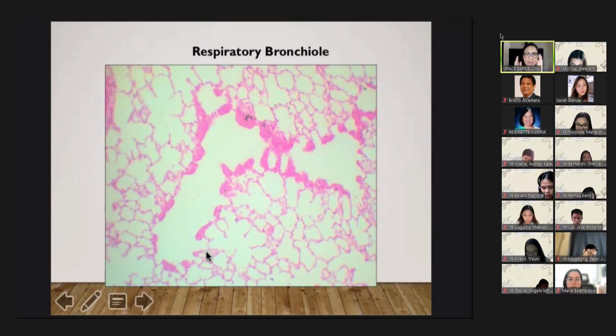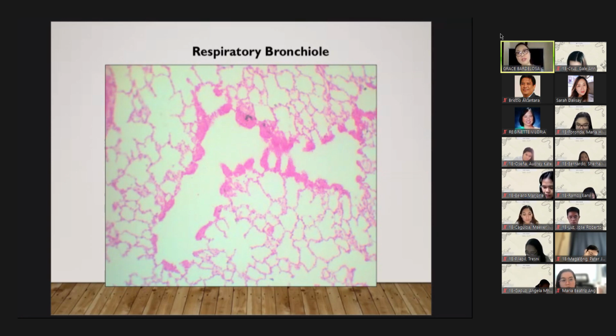So the difference between the terminal and the respiratory bronchiole is that respiratory bronchioles have openings to simple squamous epithelium, represented by structures like alveolar sacs, alveolar ducts, and alveoli. Okay, so that is its difference from the terminal bronchiole.